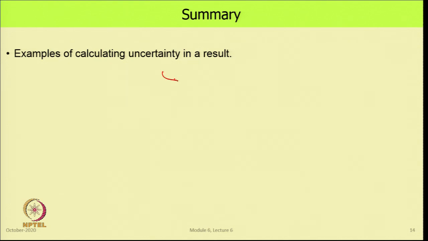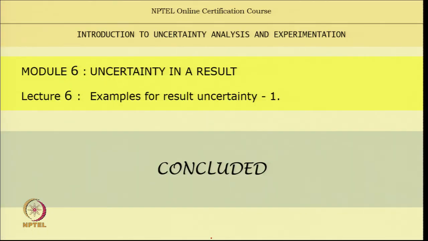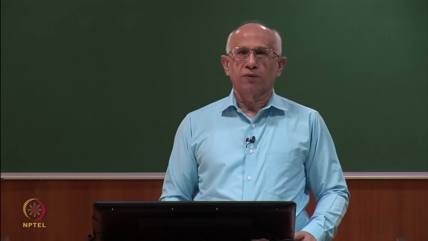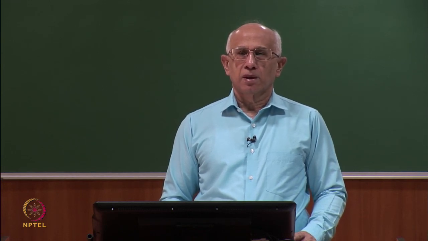It depends on what type of situation we are dealing with, or what type of problem statement we have. So, this has been some examples of how to calculate uncertainty in the result. We stop here. Thank you.